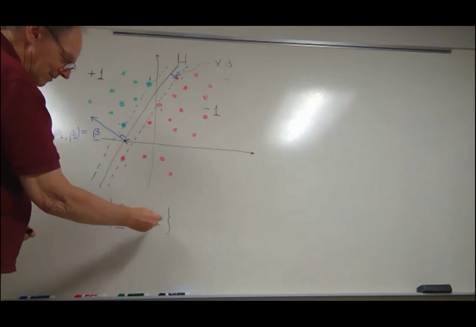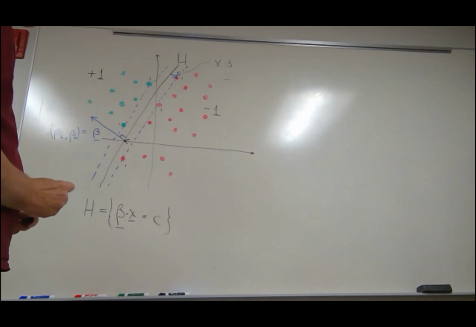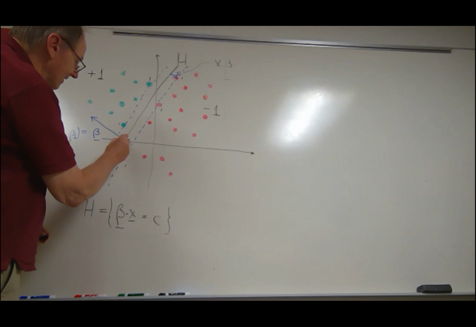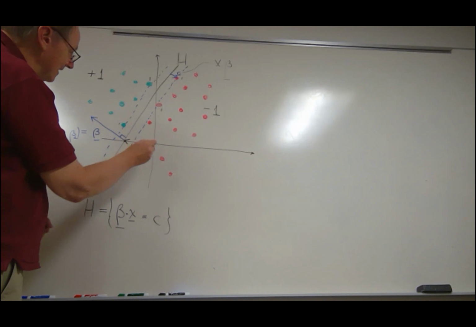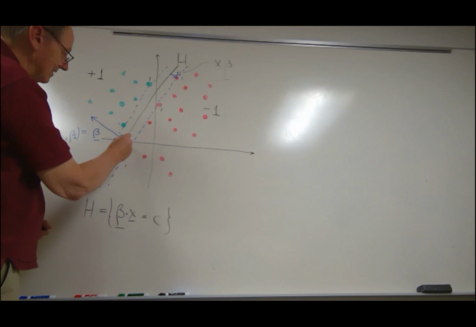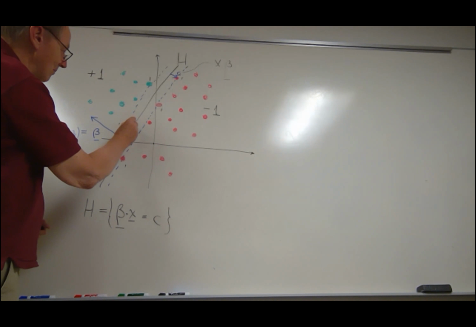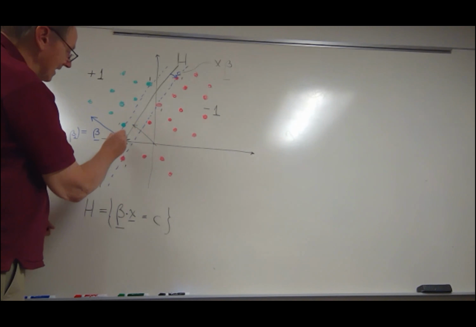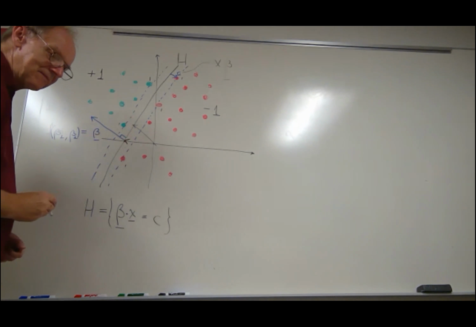In fact, they all have the same dot product value. You have to be careful that the points on the line are described by vectors that start at the origin, right? So a point on the line here corresponds to this vector here. And that's not perpendicular to beta.